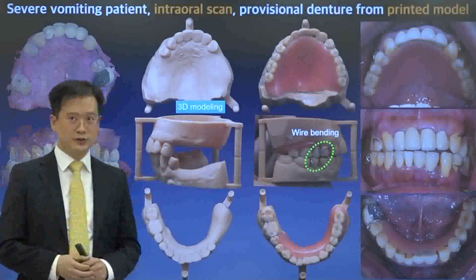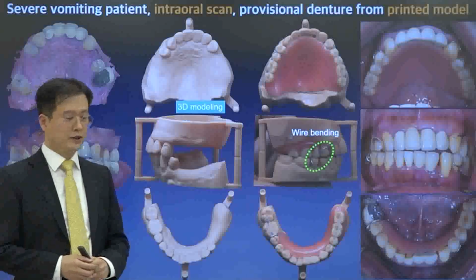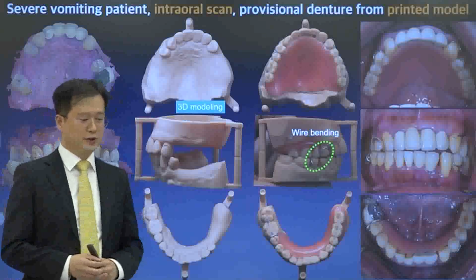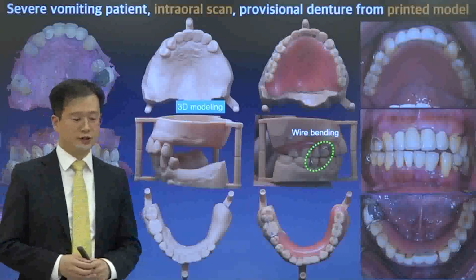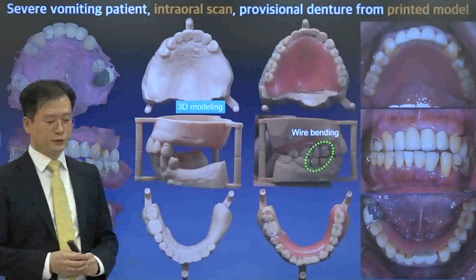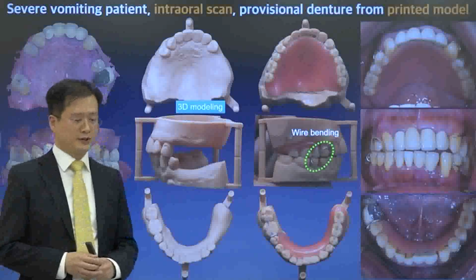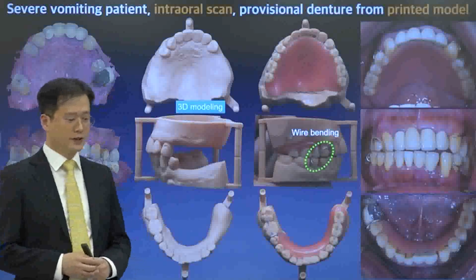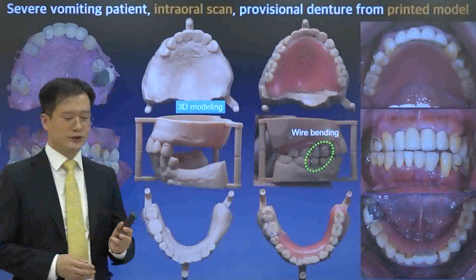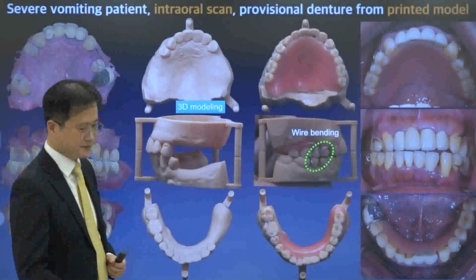The teeth to be extracted were deleted on the dental cast and printed out. Dentures were fabricated in a conventional manner. There is also a way to mill flexible materials such as Valplast directly, and I think there will be a chance to introduce them in later lessons.